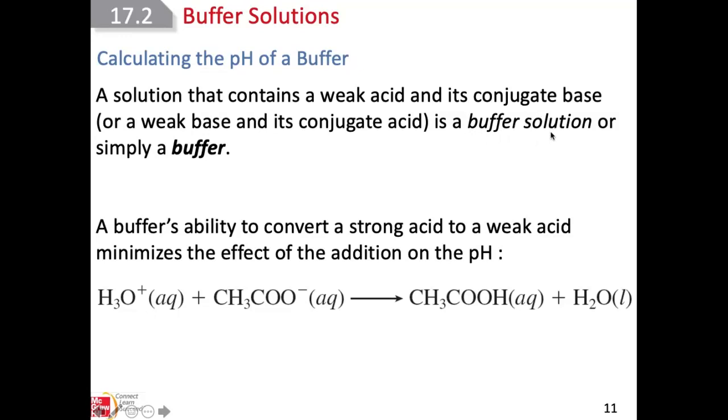So what does a buffer solution do? A buffer has the ability to convert a strong acid to a weak acid, and it actually minimizes the effect of the addition on the pH. So let's take a look at this example.